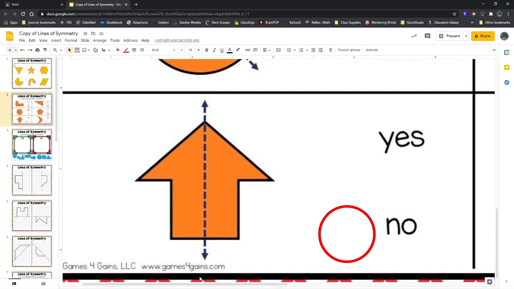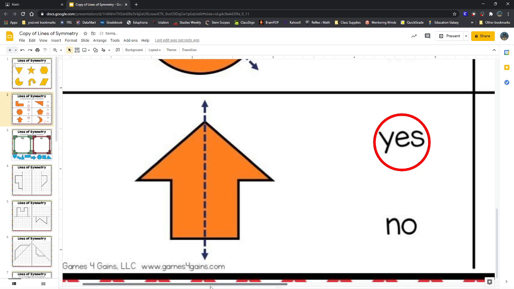Okay, what about the arrow? Does this arrow have a line of symmetry drawn on it? Yes or no? Alexa? This one does. If I folded my arrow here, I'd have two congruent sides, same shape and same size.